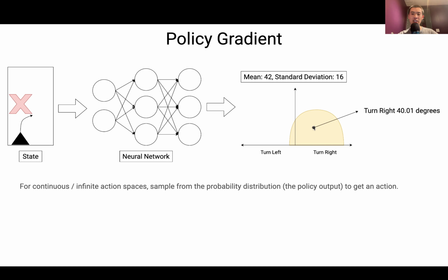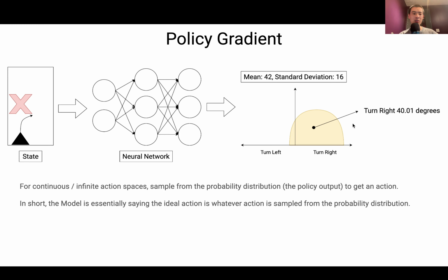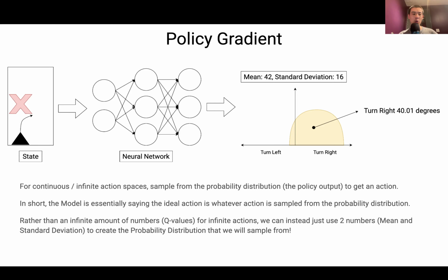And we pick a point in it, it says turn right 40.01 degrees. In short, the model is essentially saying the ideal action is whatever action is sampled from the probability distribution, rather than an infinite amount of numbers or Q values for infinite actions. We can instead just use 2 numbers, mean and standard deviation, to create the probability distribution that we will sample from.